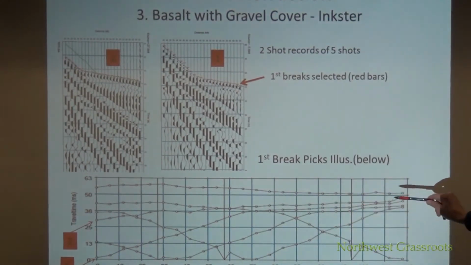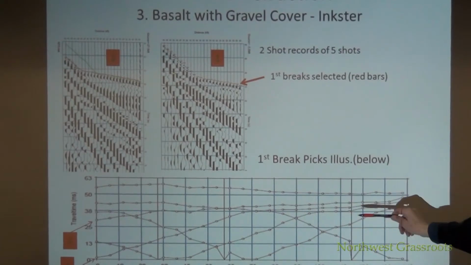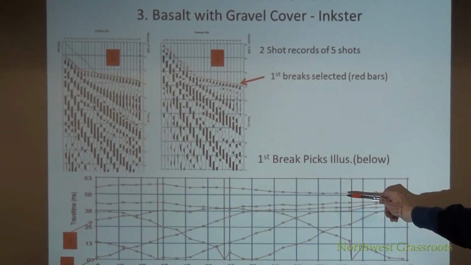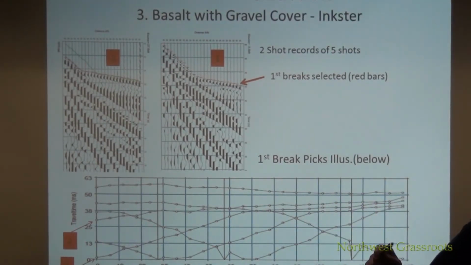What I noticed about this one is that there's a very shallow slope on these, I guess they're called first break picks. That suggests that this rock is very hard because it has a high velocity on account of that very low slope.